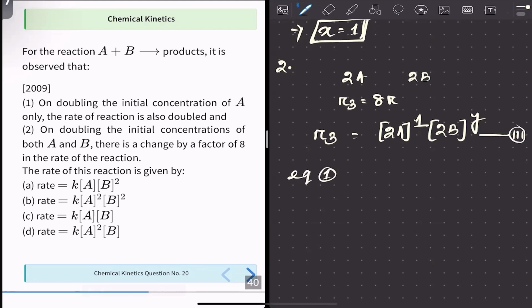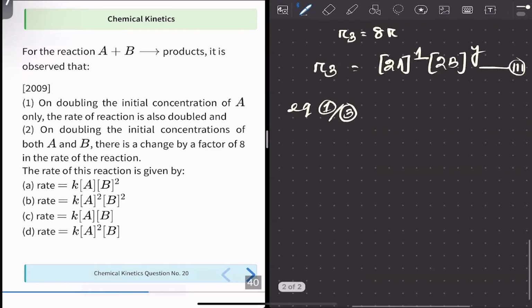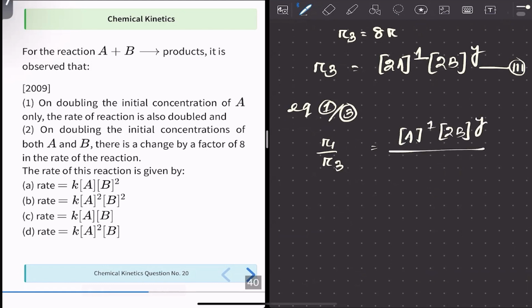Equation 1 divided by equation 3 will be R1 by R3, A to the power 1, 2B to the power Y, sorry, 2A to the power 1, 2B to the power Y. So R3 is 8 times that of R. So R1 is R, R3 is 8R.